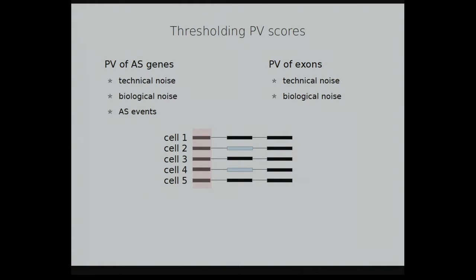And the only difference between exons and alternatively spliced genes in the same data set and the same experiment is basically the alternative splicing events. So if a gene has significantly higher PV than the exon distribution, we can say with some confidence that its PV is contributed by the alternative splicing events.